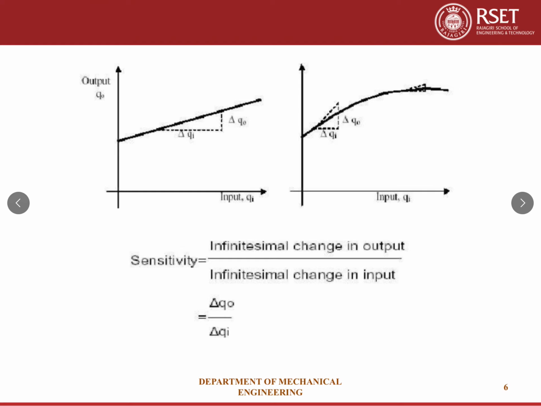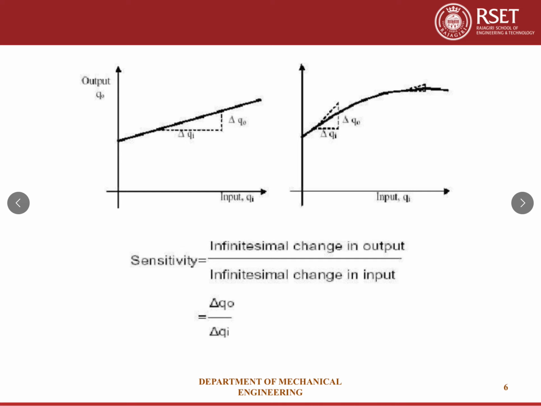So this is the representation of sensitivity. We have output and input. This output-input relation is a linear relationship. It can be expressed as y = mx + c, or y = mx. So this is q out, the output, and this is q in, the input.